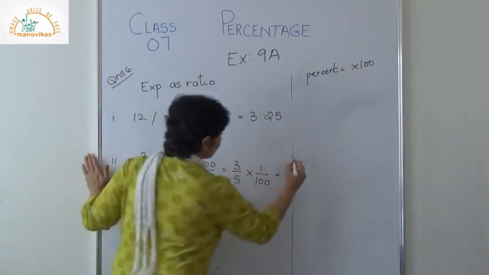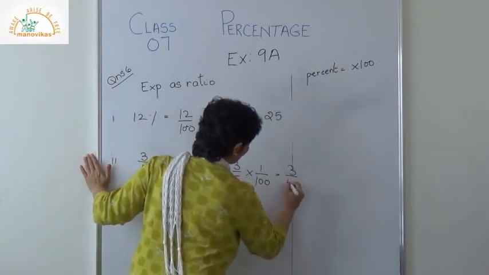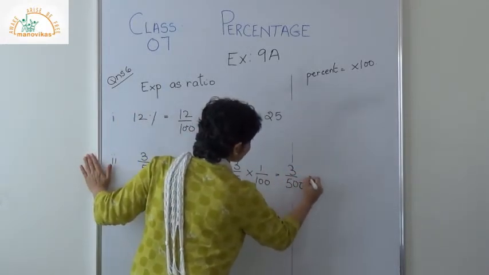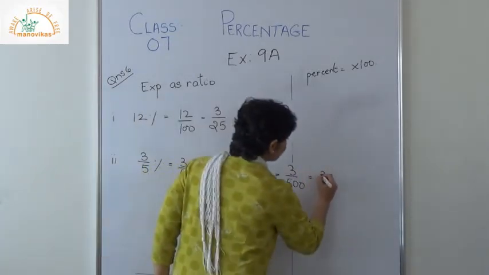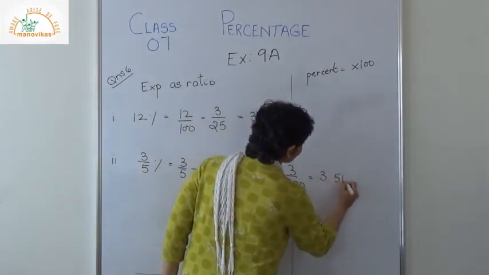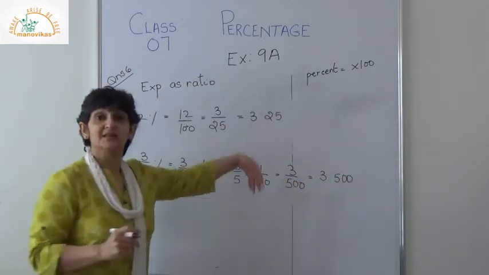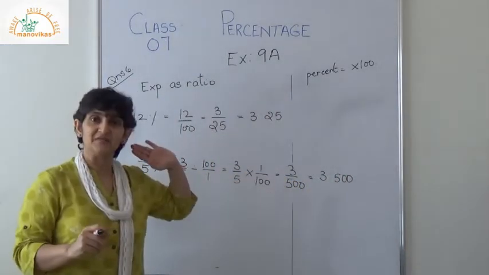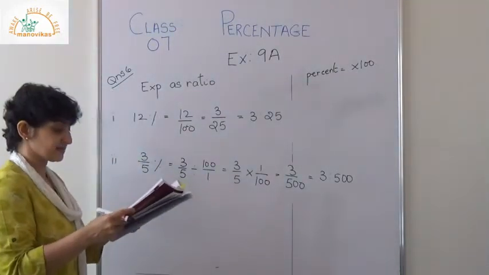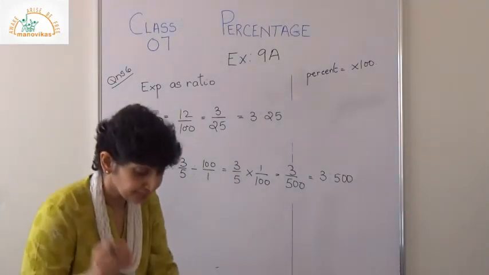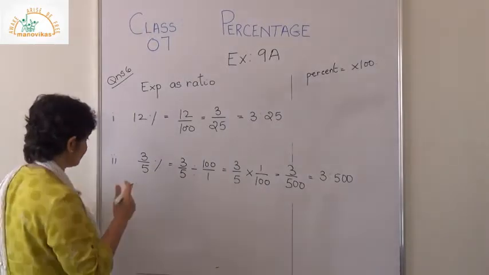So, what do I get? 3 upon 500. So, if I need to convert this into a ratio, what will it be? 3 is to 500. Isn't it? There's nothing I can reduce, so I leave it as it is. 3 is to 500.